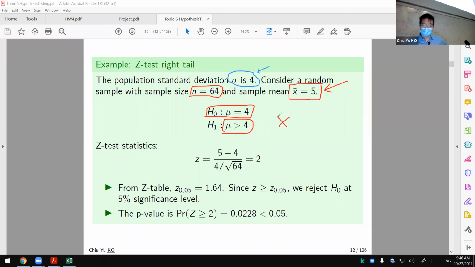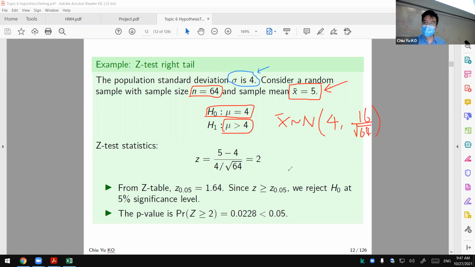So we know that this X bar will have a normal distribution under the null, with mean 4 and variance sigma square over n.